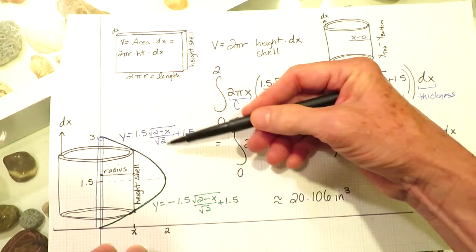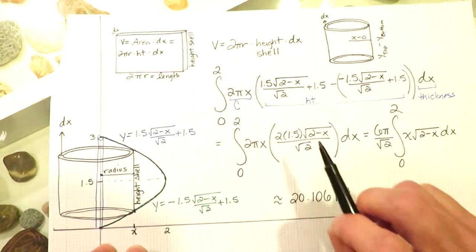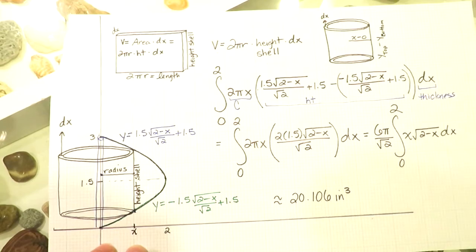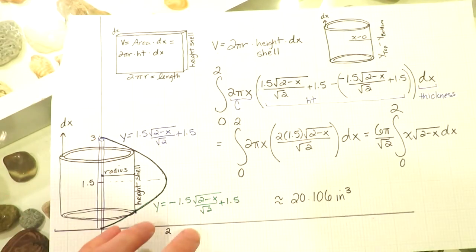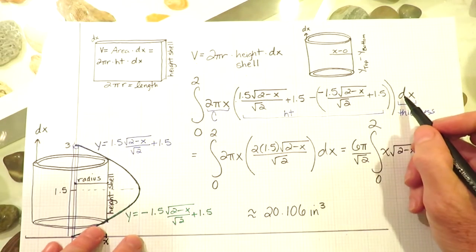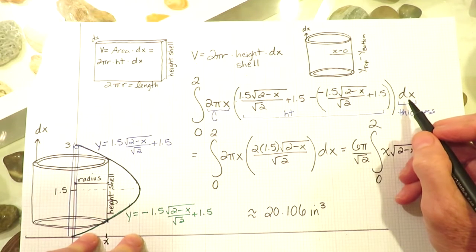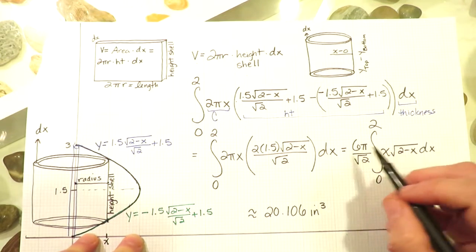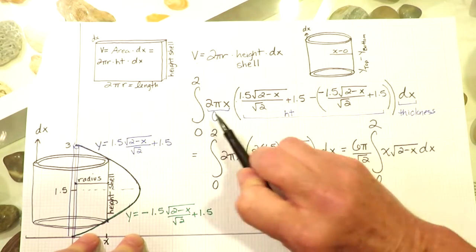And then those expressions are added to 1.5. And then the thickness of the shell was the height of my box. So the thickness is the entity that we're imagining becoming thinner and thinner as we make our shells more and more numerous.